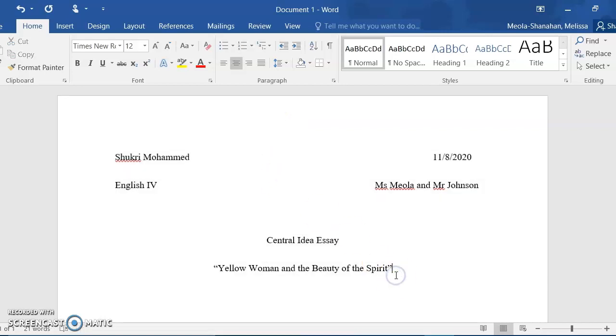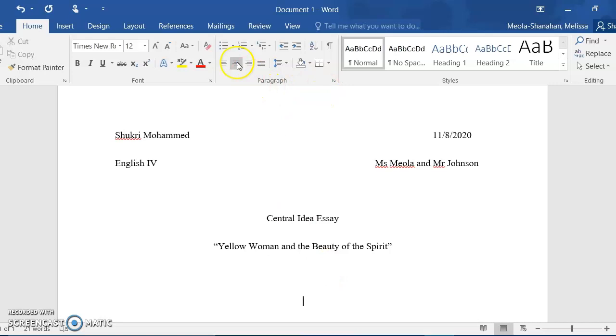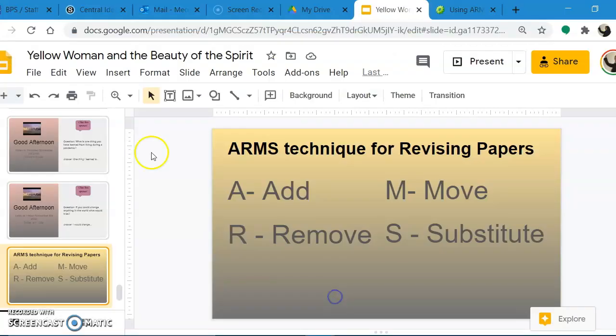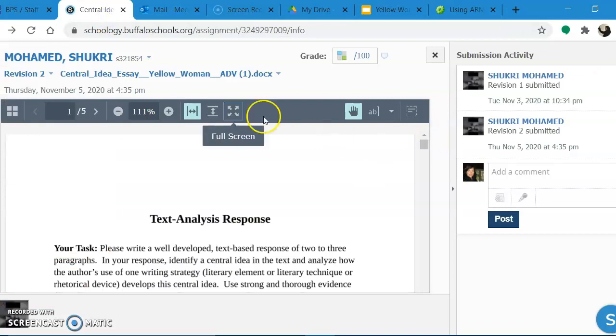Then you want to make sure your left margin is set. The tab key on the left-hand side of your keyboard will give you a perfect indent for your paragraph. Now let's take a look at Shukri's essay.